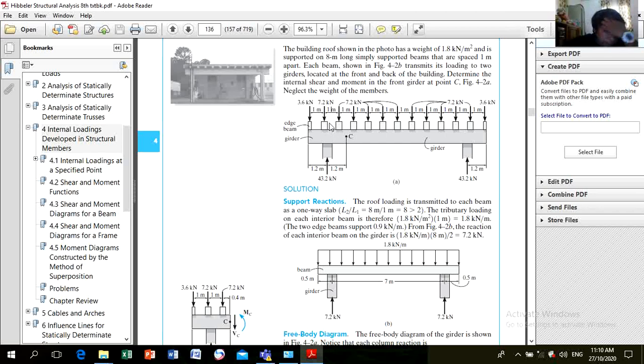To become a distributed load, it will be 1.8 kilonewtons per meter squared times 1 meter, so the load that will act is 1.8 kilonewtons per meter along this side.